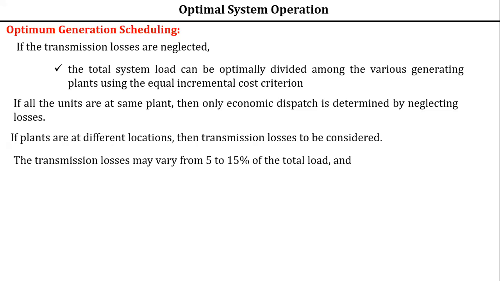Whenever you are transferring this power from the generating station to the load point over a transmission line, transmission loss will occur. Understood? So therefore, what is the generation you have to consider at the generating station, to meet the load demand of 100 megawatt?